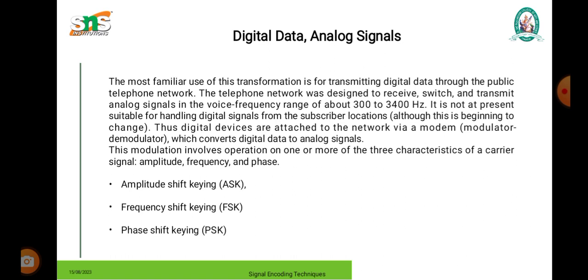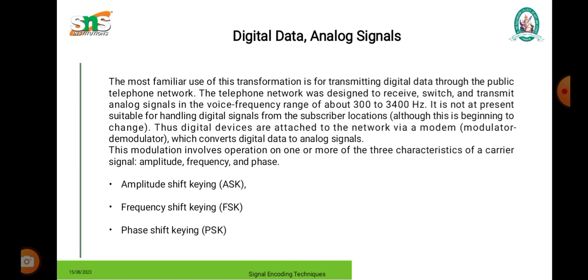Thus digital devices are attached to the network via a modem, which converts digital data to an analog signal. It is classified into three categories of carrier signal modulation: amplitude shift key, frequency shift key, and phase shift key.